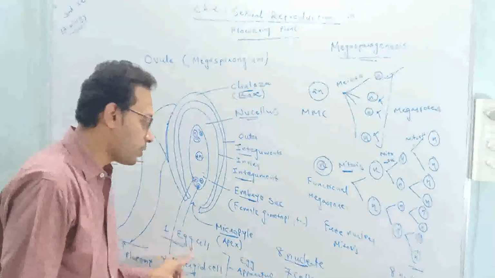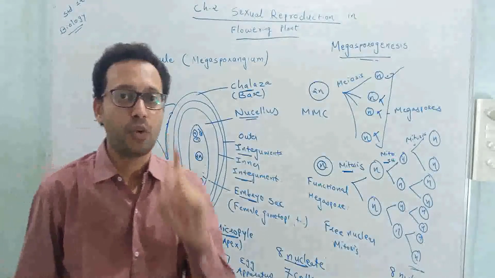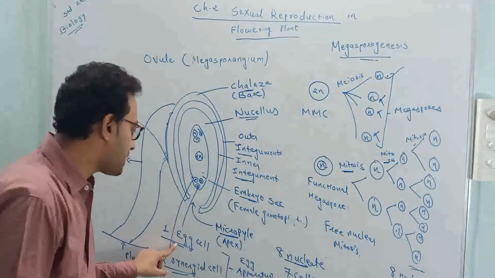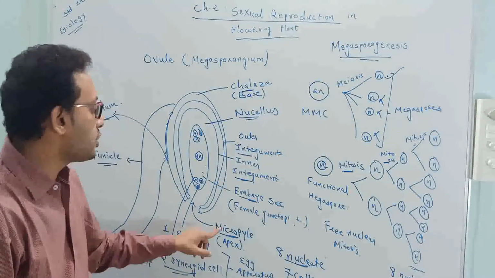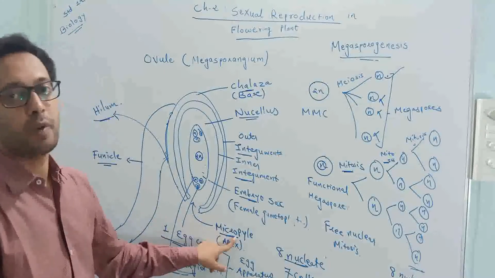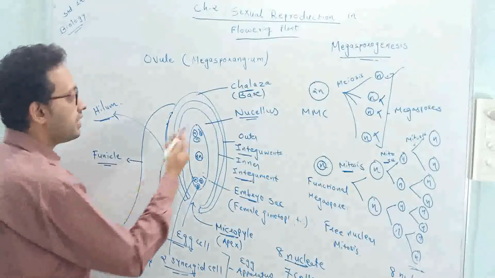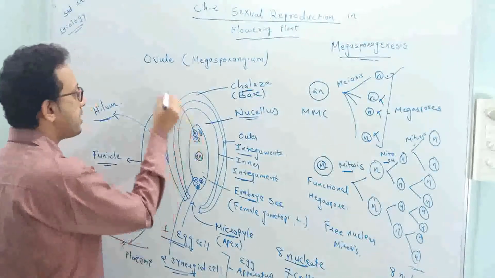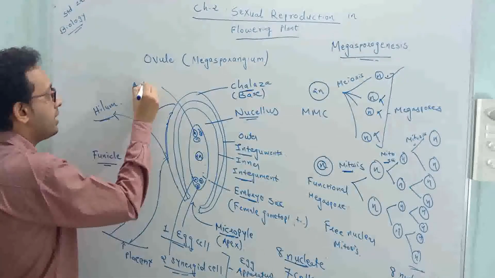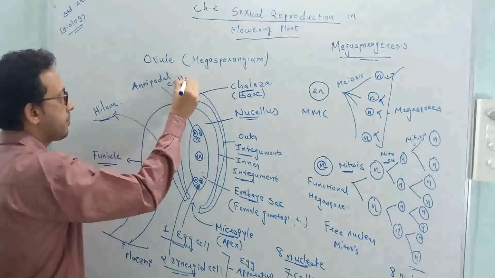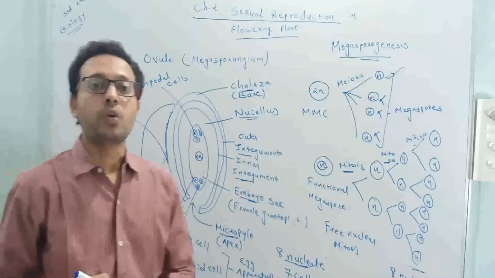This is the most important question. I again repeat, what does the egg apparatus contain? It contains one egg cell and 2 synergid cells, and is present at the micropylar end. Now the 3 cells present at the chalazal end are called antipodal cells.